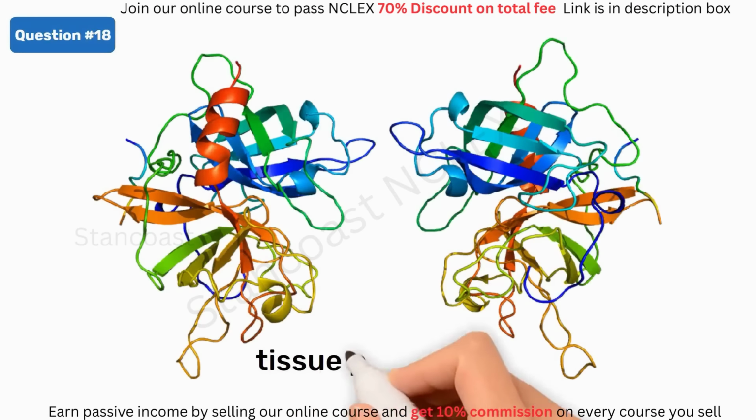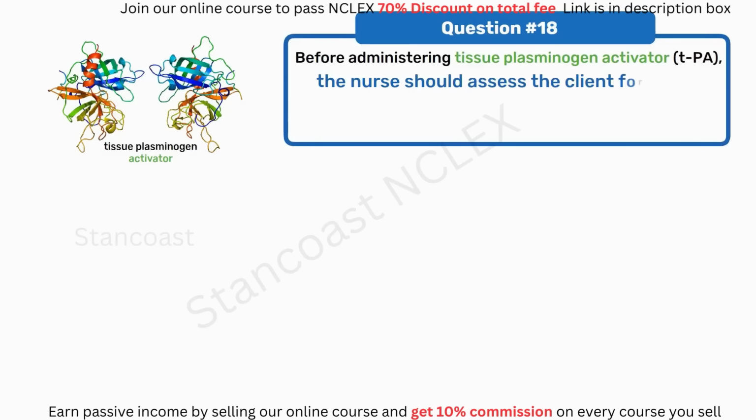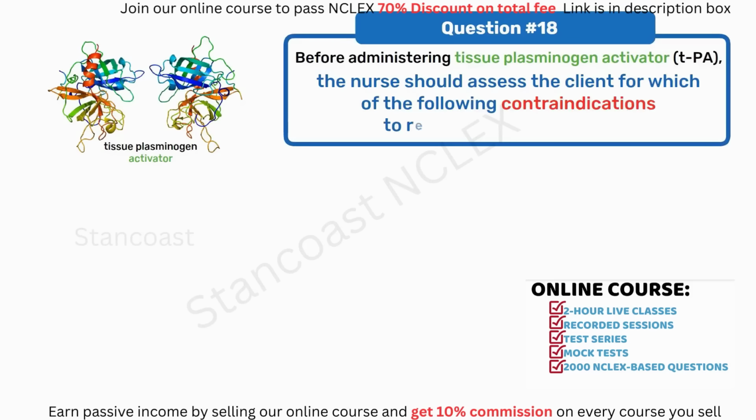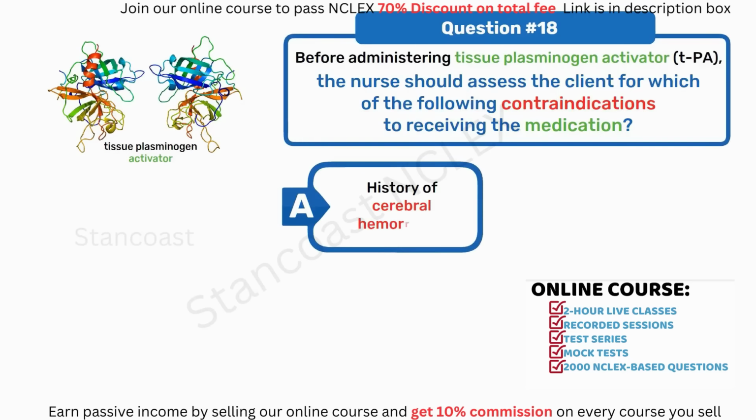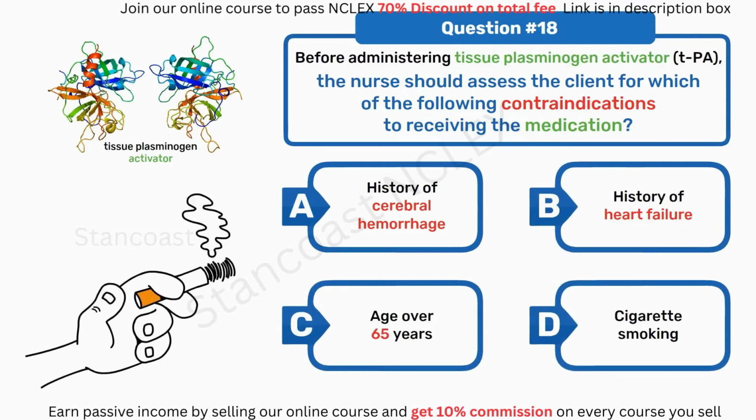Before administering tissue plasminogen activator, or TPA, the nurse should assess the client for which of the following contraindications to receiving the medication. A. History of cerebral hemorrhage. B. History of heart failure. C. Age over 65 years. D. Cigarette smoking.